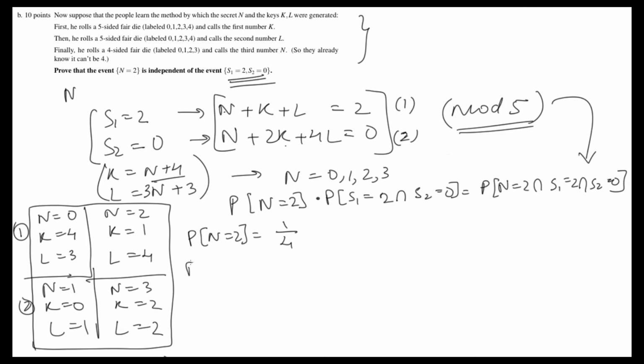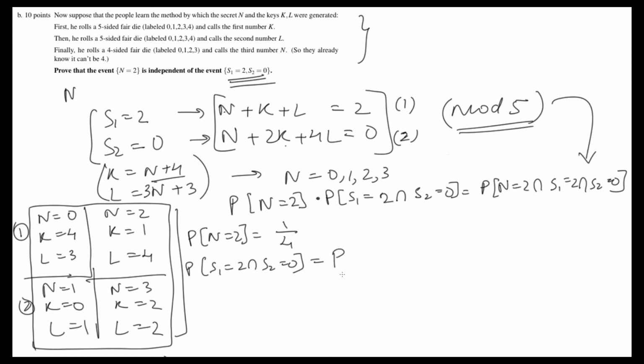Right? Now let's look at the probability of S1 is equal to 2 intersection S2 is equal to 0. Because initially what happens is that the person who rolls these dice, they roll S1, or they roll the number for K independent of the number for L. Actually, let's just not look at it that way, right? This is because we just computed whatever we have here. Let's just actually use that in the equation here, right?